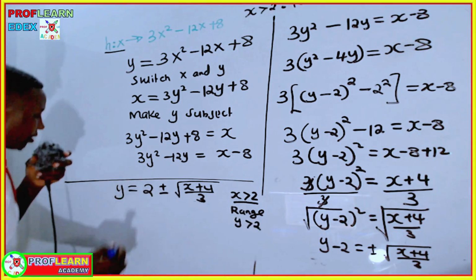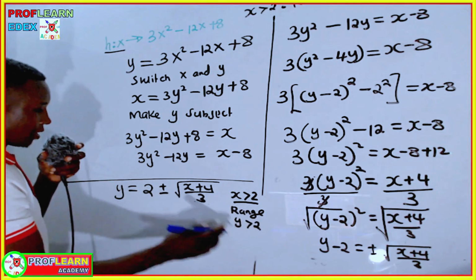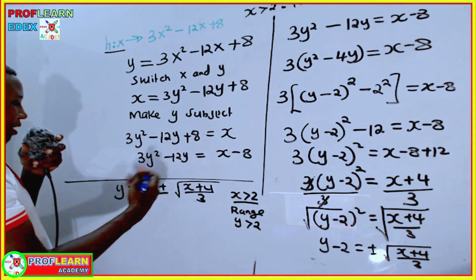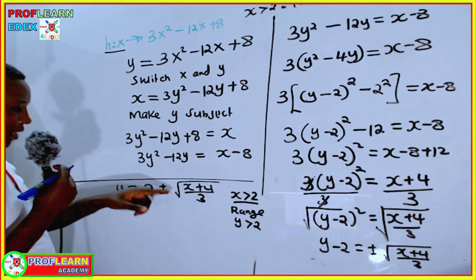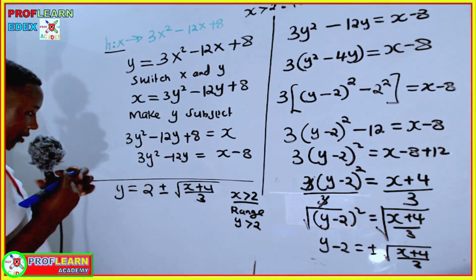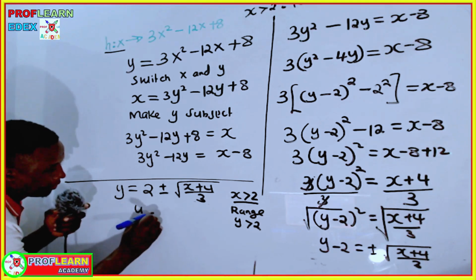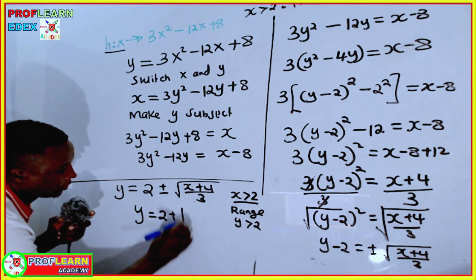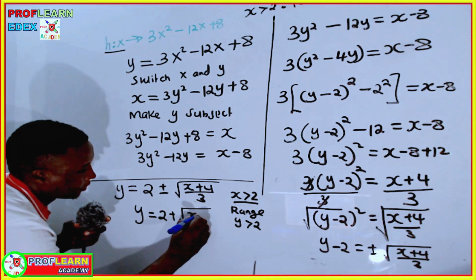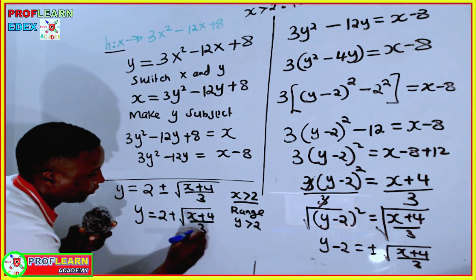So therefore, for this function we're going to take the positive value, so that you shall have values more than 2. So this is going to be y equals 2 plus square root of (x plus 4) over 3.